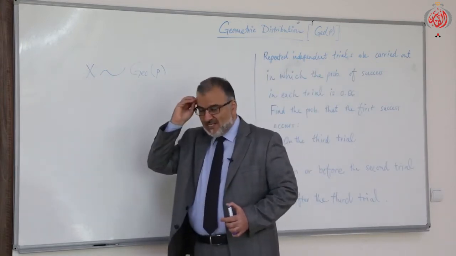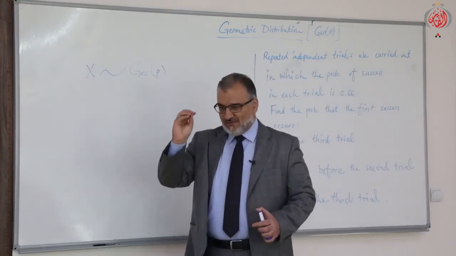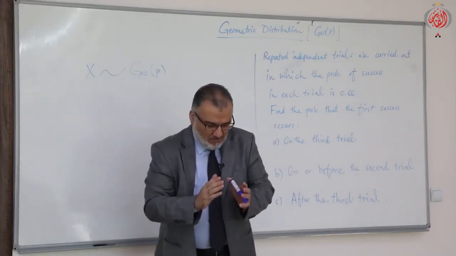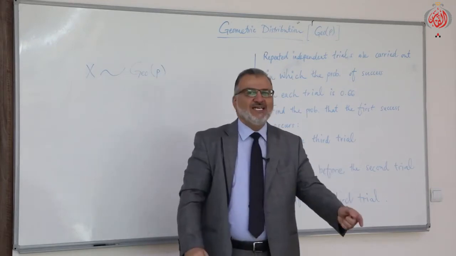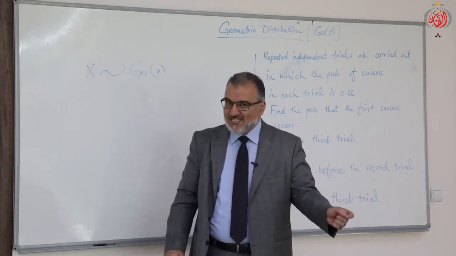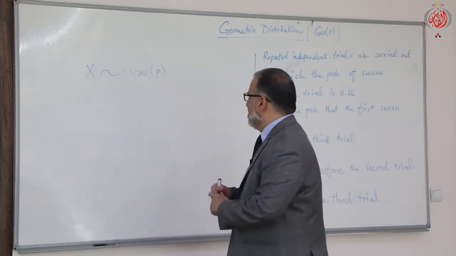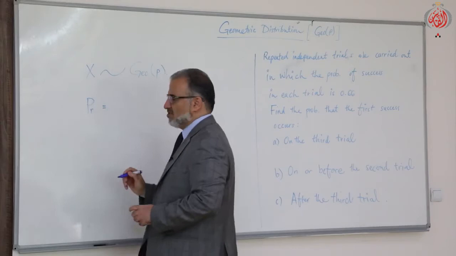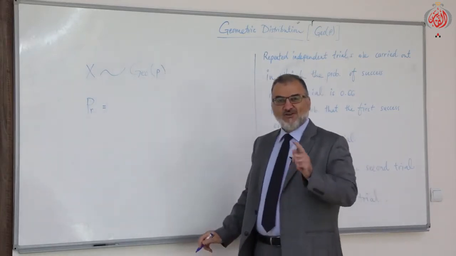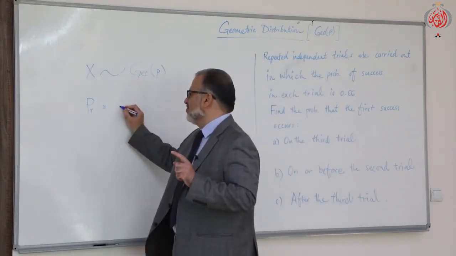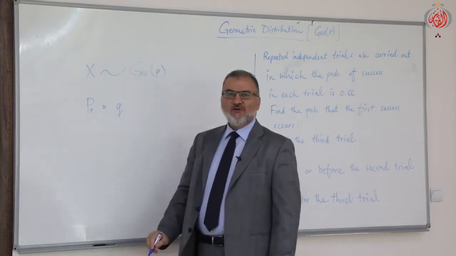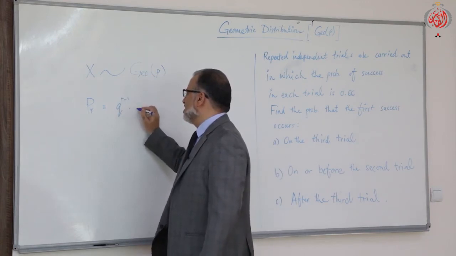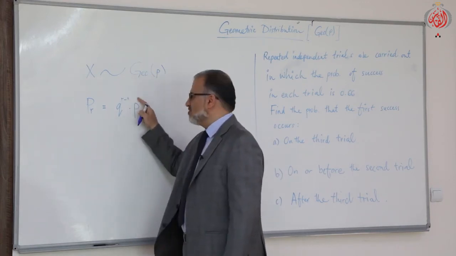And don't forget the concept of the geometric distribution: it is a distribution which represents the number of failures till the first success occurs. So here, what will be the probability? The probability in the geometric distribution is q to the power of r minus 1 times p, always p to the power of 1.